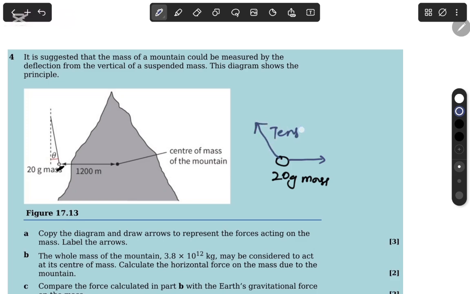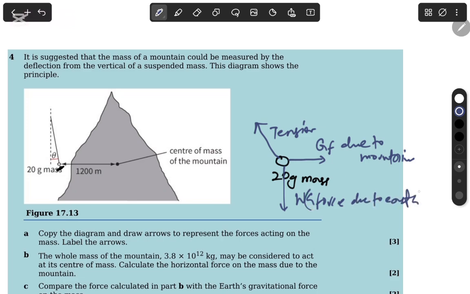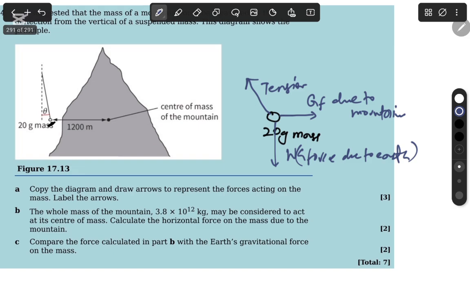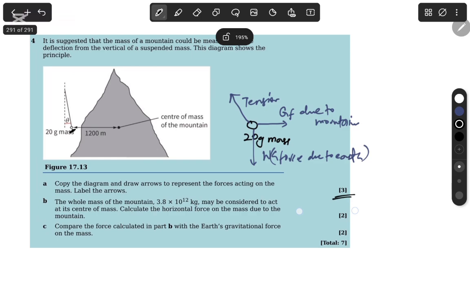So I'm going to write tension. Then I'm going to write the gravitational force due to the mountain. And then I'm going to write the weight, which is basically the gravitational force due to Earth. So these are the three forces that you have, and that's for 3 marks.